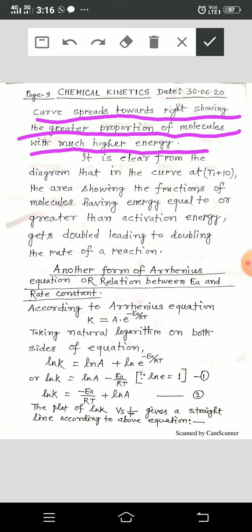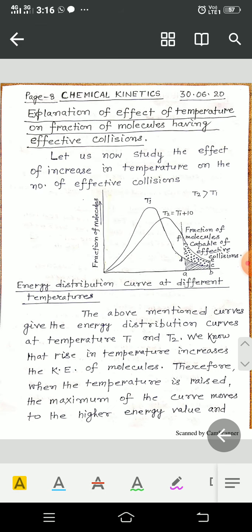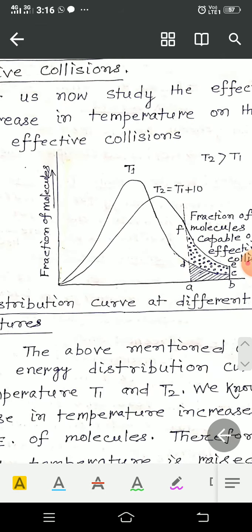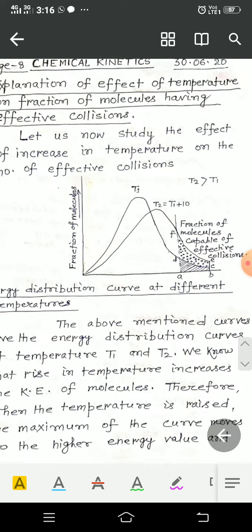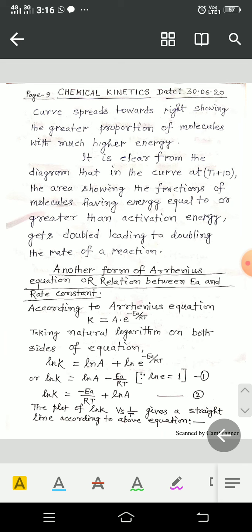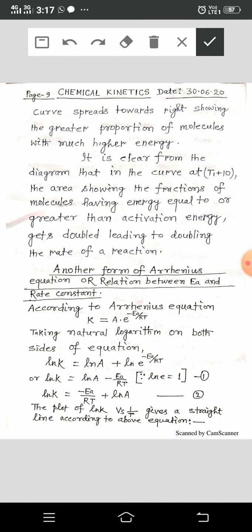It was discussed with this plot that ECDF shows the proportion of molecules with much higher energy.